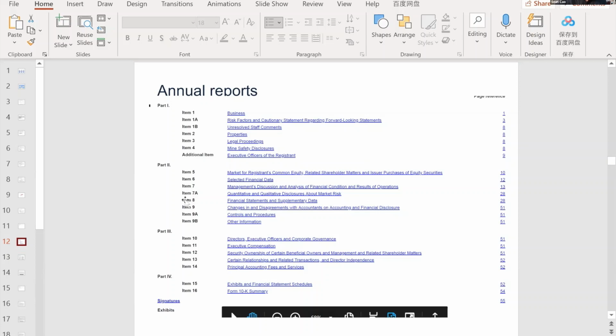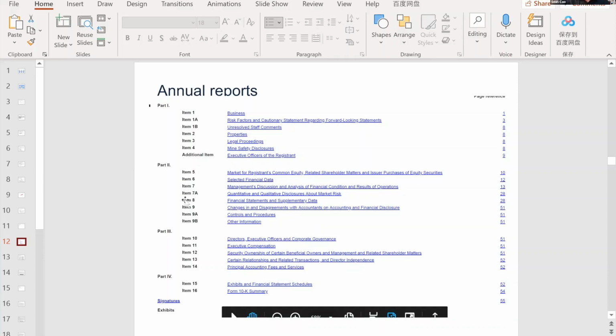And we talk about Item 1A. Item 1A is risk disclosure. So the firm has to disclose their risk ex ante, like before things happen, they have to disclose the risk. And Item 1B, Item 2, we have legal proceedings. Item 3, we have safety disclosure. We go to Part 2. We have Item 6, selected financial data.